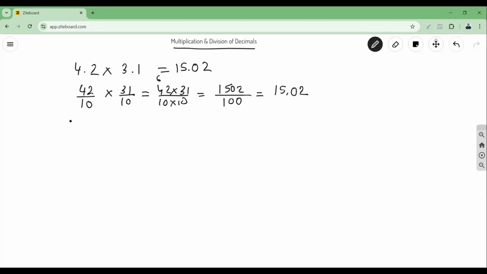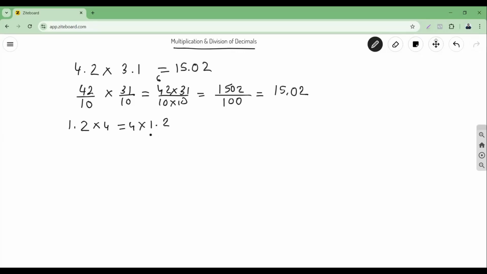Let's say it is 1.2 times 4. What is the meaning of 1.2 times 4? As we saw previously, this is also the same as 4 times 1.2. And what is the meaning of 4 times 1.2?